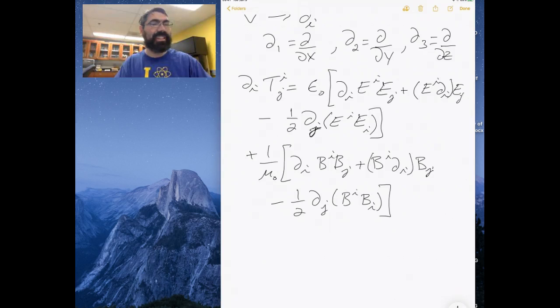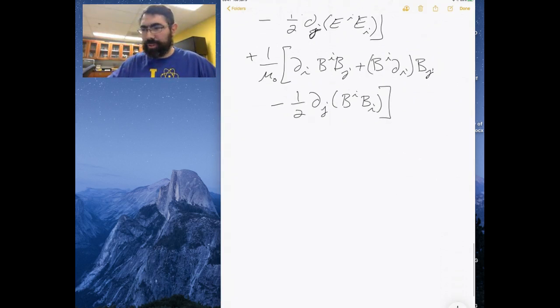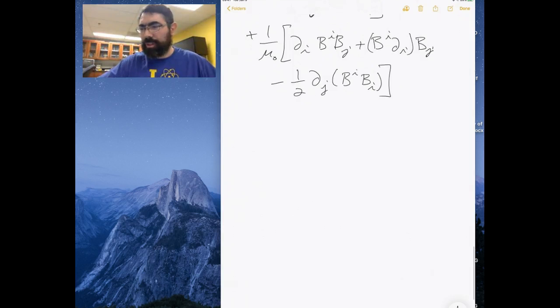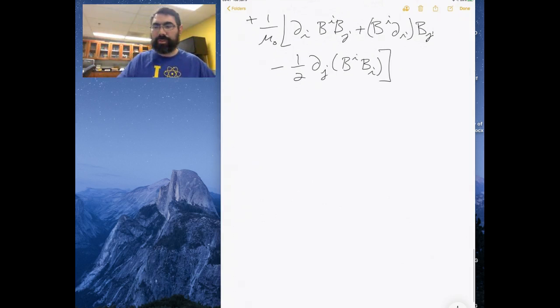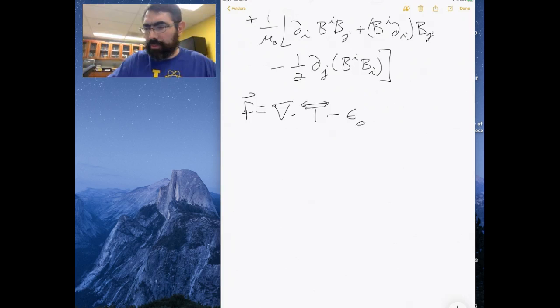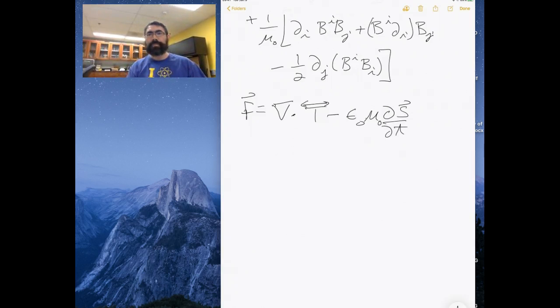So the interesting thing is, now we're going to take that and put that into our force equation. The force per unit volume I can write out in Gibbs notation as del dot this tensor minus epsilon naught mu naught the time derivative of the Poynting vector.